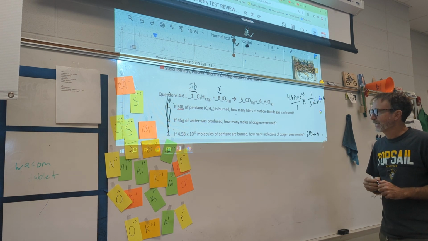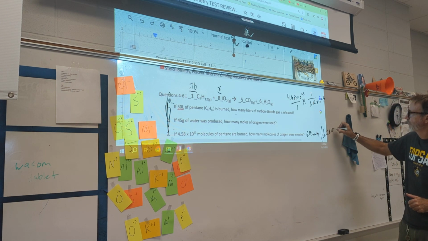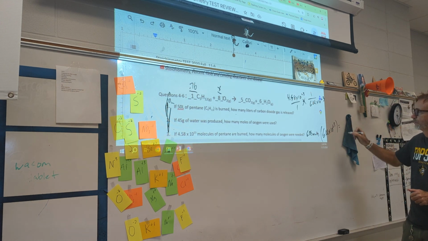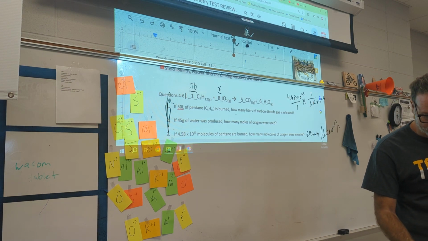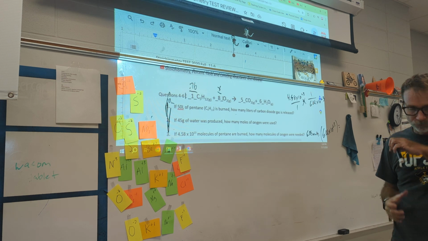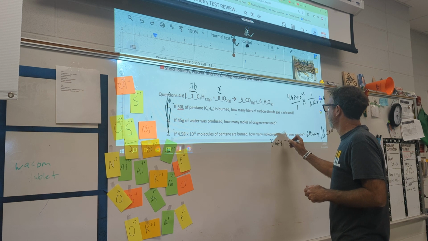And then it says how many molecules? 6.02 times 10 to the 23rd molecules per mole. 6.08 times 6.02 EE23 equals 3.66 times 10 to the 24th.